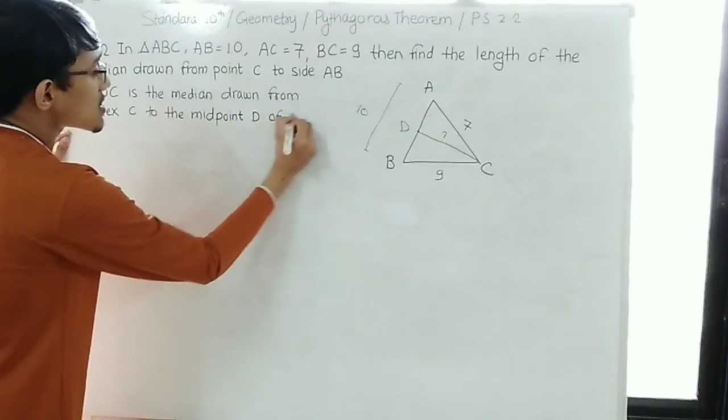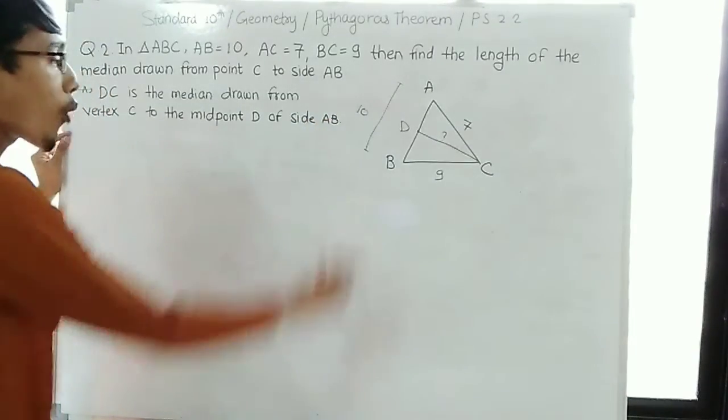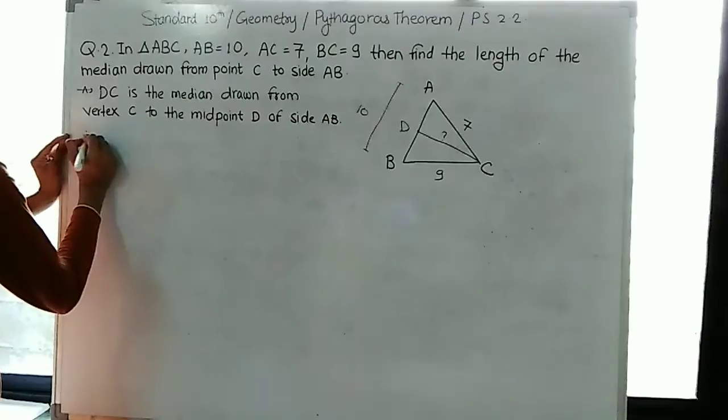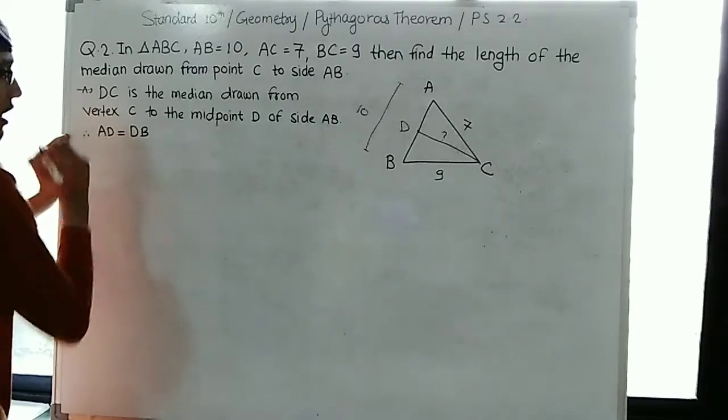Now point D is the midpoint, therefore we can take AD is equal to DB.